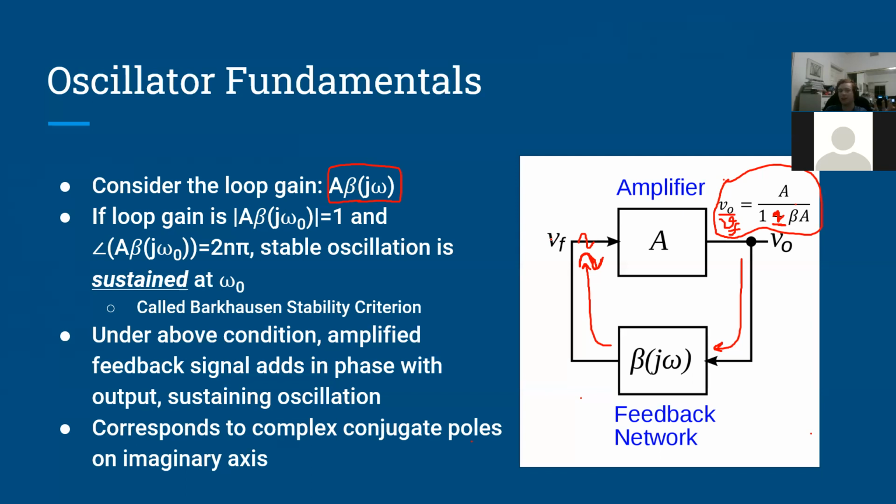And that is essentially an oscillation, a stable sustained oscillation. And so this criterion is called the Barkhausen stability criterion, named after some guy, Barkhausen. So that's interesting in my opinion.